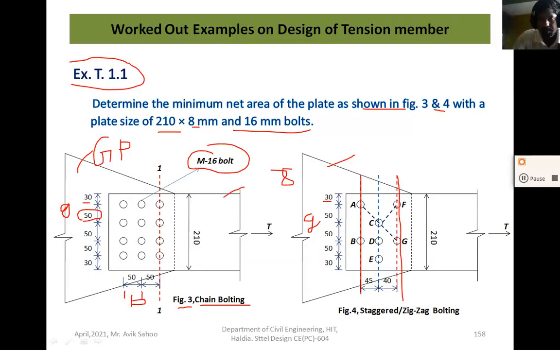If I consider failure along this line, then the area of 2 bolt holes you have to deduct from the gross area. The bolts are marked: this one is bolt A, this one is bolt B, this is FG, and these bolts are named C, D, E.